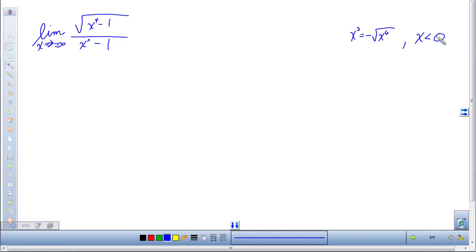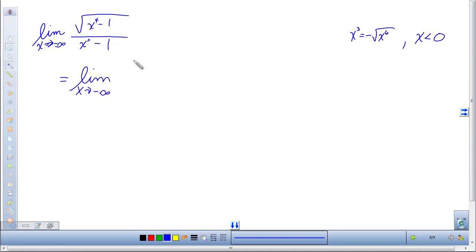So now that I have that, I'm going to divide top and bottom by x cubed, or the appropriate equivalent. So we have the limit as x approaches negative infinity.